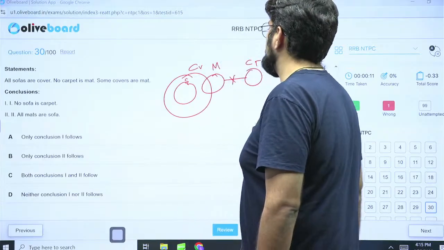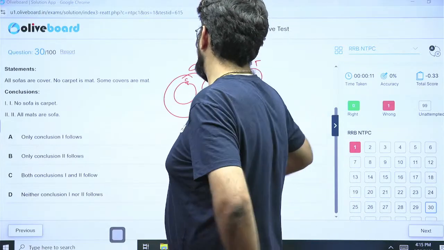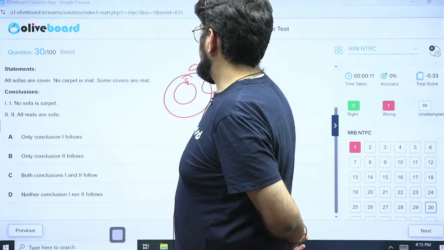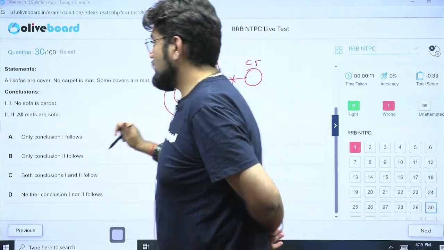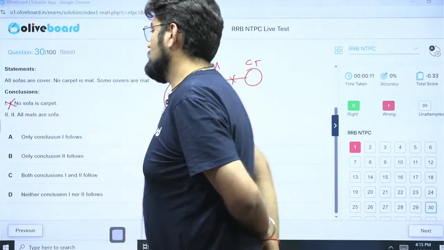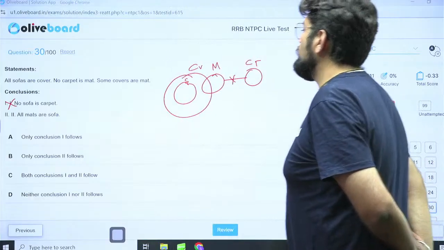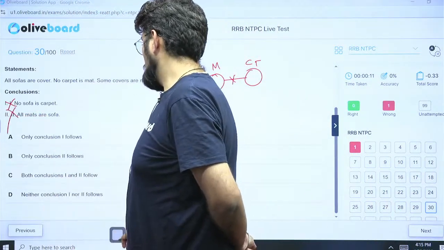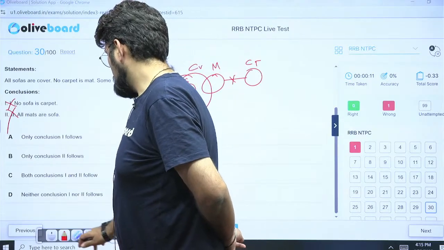No sofa is carpet. Can I say that? No, I cannot say that. Sofa and carpet are not connected with each other directly. There is no relation whatsoever. So I cannot say no sofa is carpet. Okay. All mats are sofa. That also cannot be said. So neither conclusion 1 nor conclusion 2 follows. Option D is the correct answer.